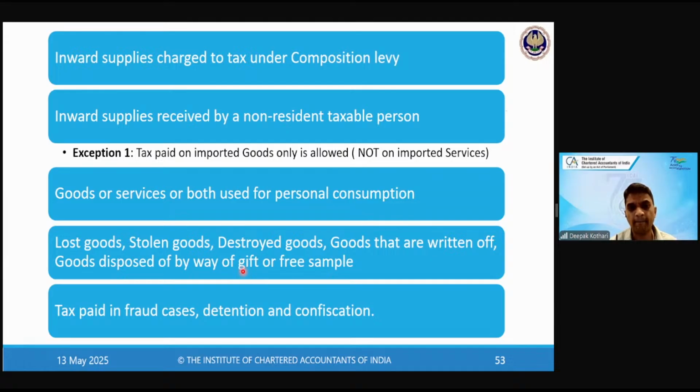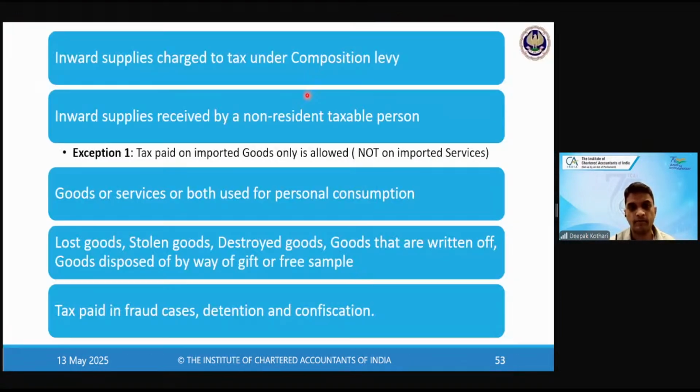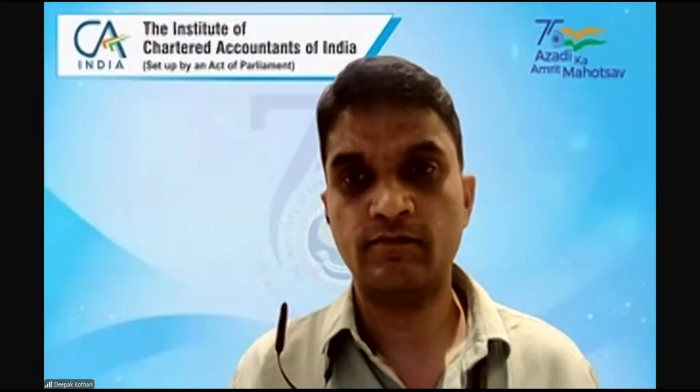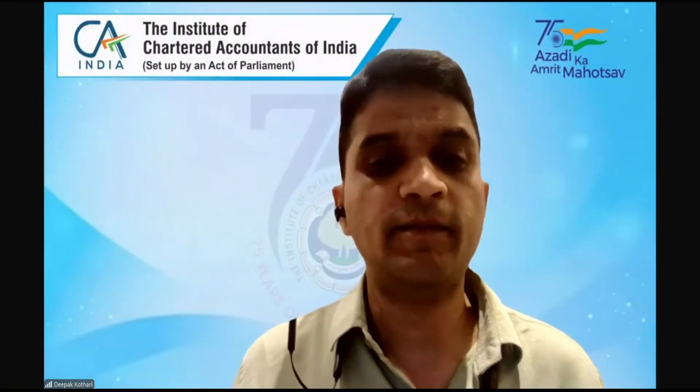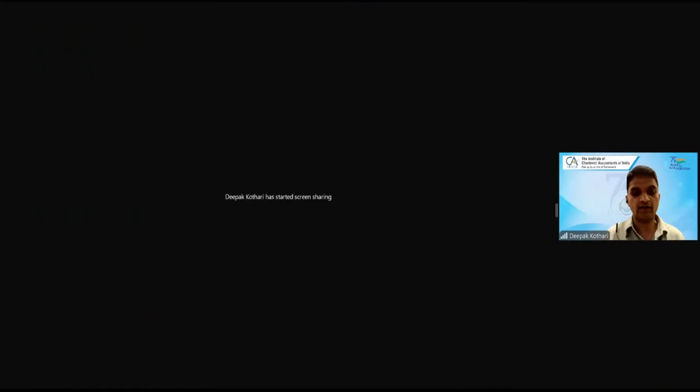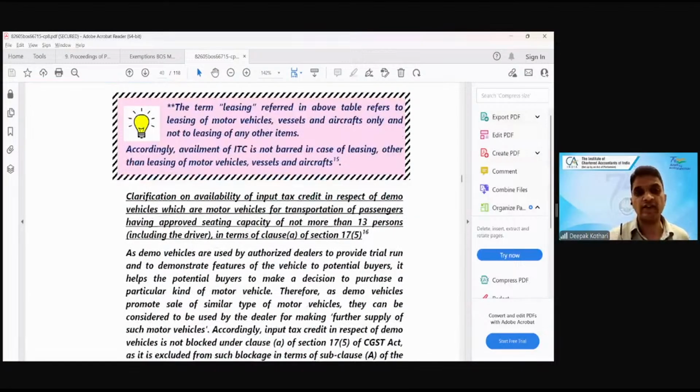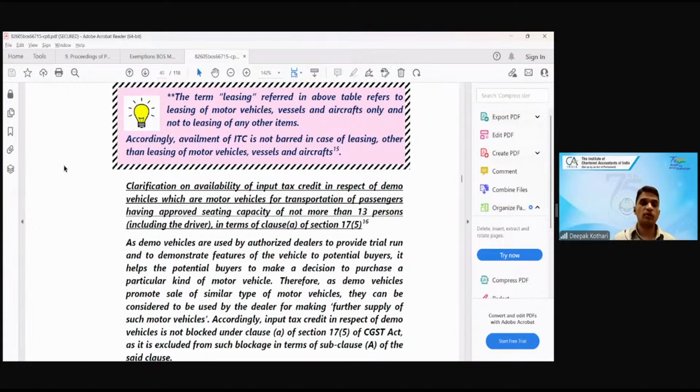Are you asking that? Yeah, 8.40. I'm sharing it here. 8.40 gives a clarification on whether ITC is available in respect of demo vehicles.